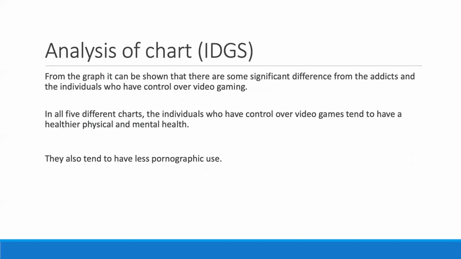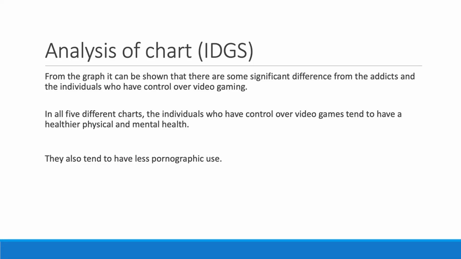This is the slide analysis of chart IGDS. The black on the previous slide indicates the addiction, and the gray indicates those who have control over video games. Especially in mental and emotional health, there is a significant difference between the individuals who are addicted and those who have control over their video games. The physical health and social health have slight differences, but they are not too noticeable.